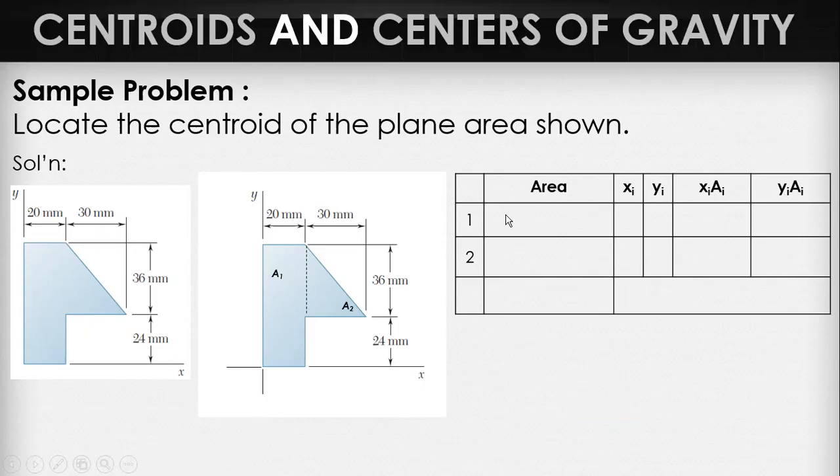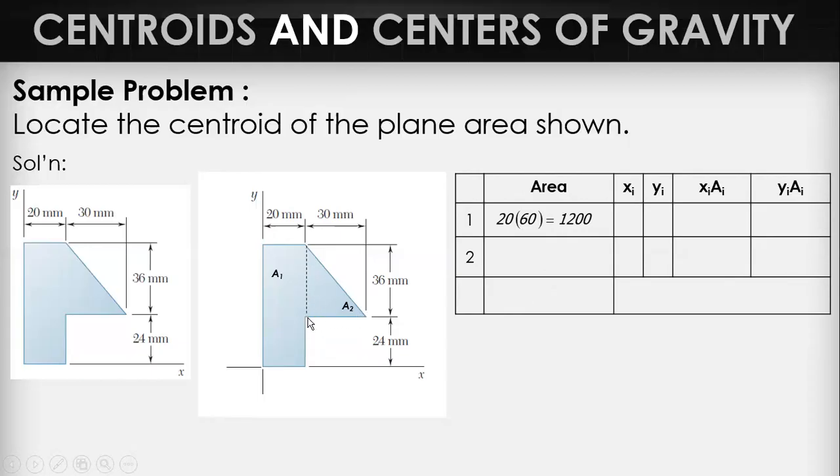Okay. For element 1, the area is this one, rectangle. Base times height, so it's 20 times 60, that's 1200. And in element 2, triangle, it's 1/2 of base times height.